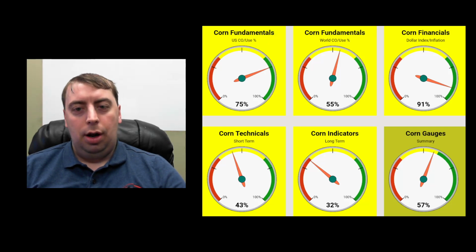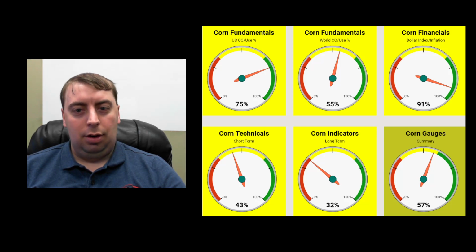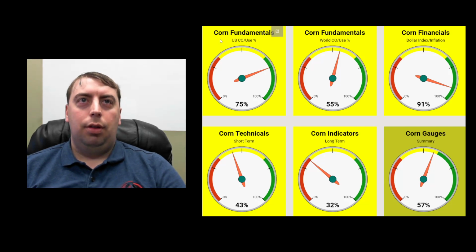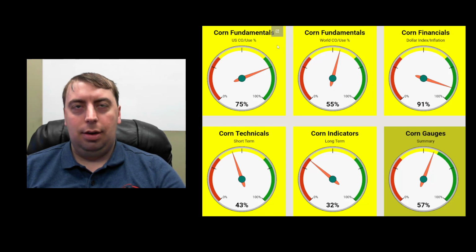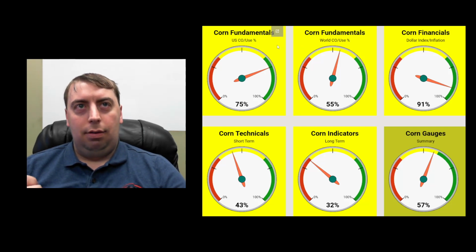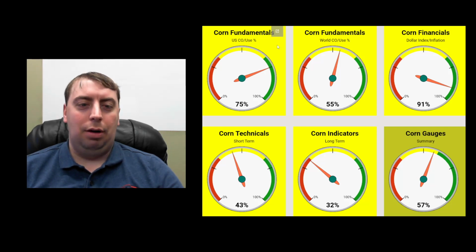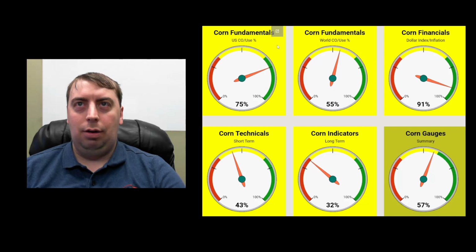We'll go over these all in general, and then if you're interested in what goes on behind the scenes, I'll give some more information once we go through them all. So the fundamentals gauges for both US and world are basically a look at today's supply and demand situation and compare today's prices versus prices we've seen in the past with similar supply and demand situations.